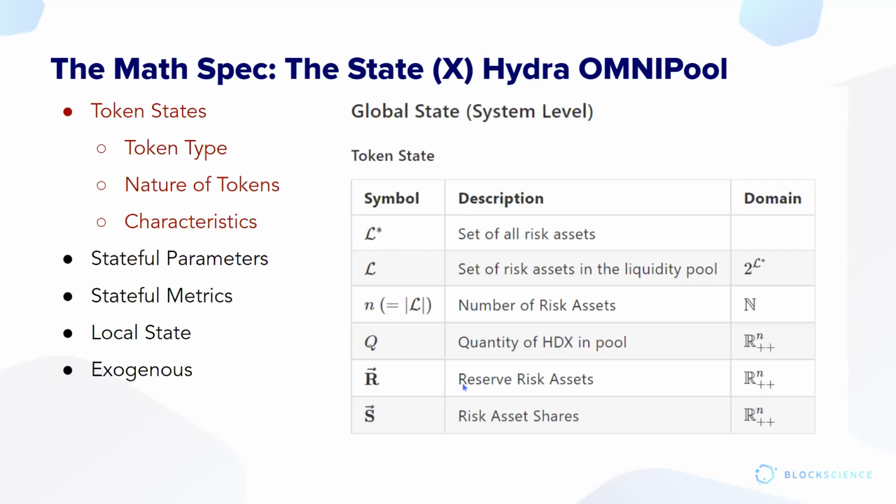I don't have any good pictures here, but the R is like, well, we have the Q, like the one half of the OMNIPool, and then the R is the set of all other assets that are making up that pool. In the symbols we're using, we're calling those RI and RJ and RK, but they're different tokens that would be making up this OMNIPool. The quantity. Yes, it is about the quantity.